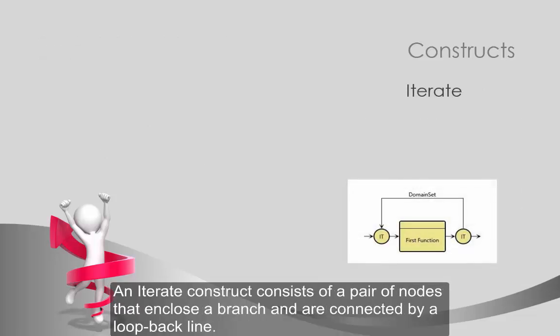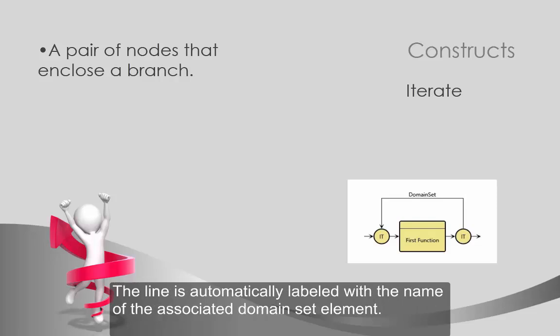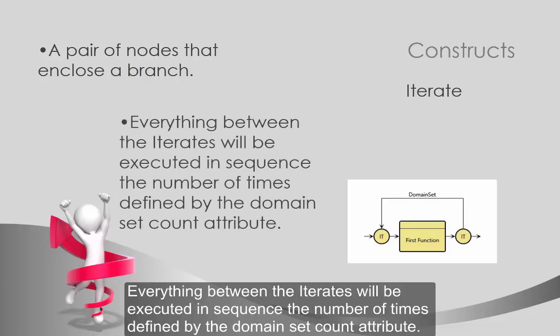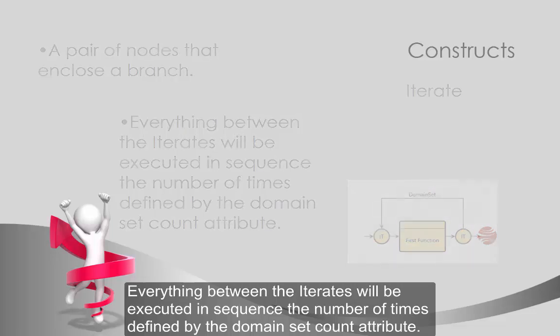An iterate construct consists of a pair of nodes that enclose a branch and are connected by a loopback line. The line is automatically labeled with the name of the associated domain set element. Everything between the iterates will be executed in sequence, the number of times defined by the domain set count attribute.